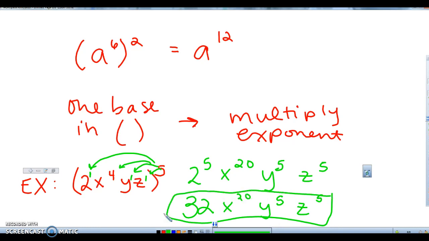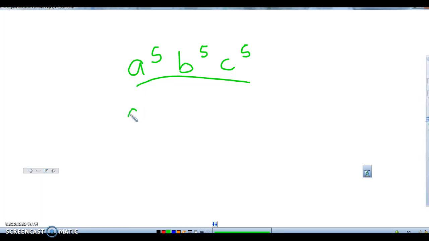I'm going to give you a kind of tricky one that combines a lot of these rules together. a to the 5th, b to the 5th, c to the 5th, over a squared, b to the 5th, c to the 7th. Let's see what we get in simplest terms. Well, first thing I notice is they're not all the same base, so I'm not going to add across, but I can subtract down the same bases.